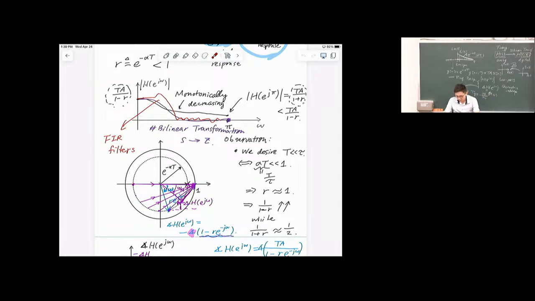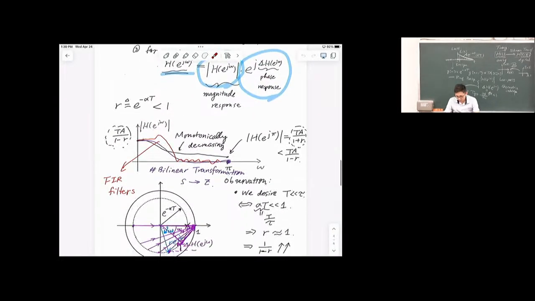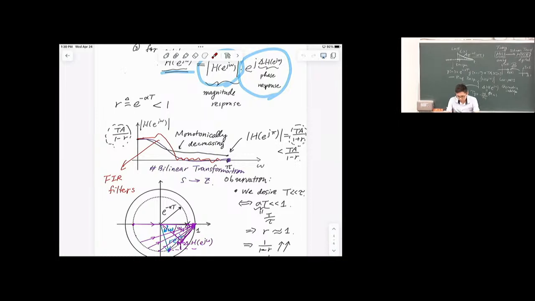Instead, it goes down from its gain at DC, which is TA divided by 1 minus R, to TA divided by 1 plus R. So that gives you a contrast between low frequency response and high frequency response.